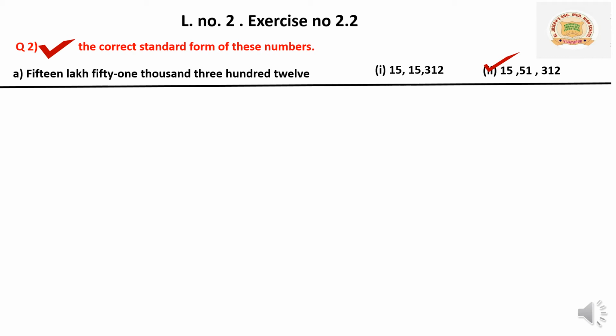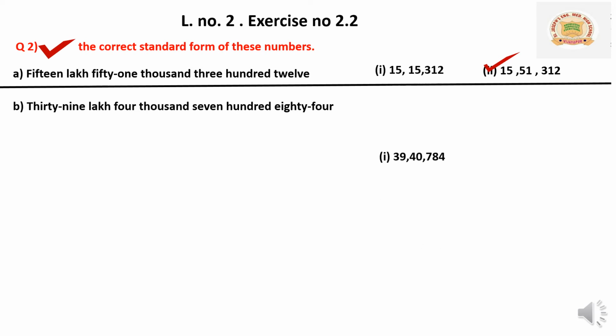Now let us take the B question. 39,04,784. This is the given question. Now let us take the options of this question. These are the 2 options given.